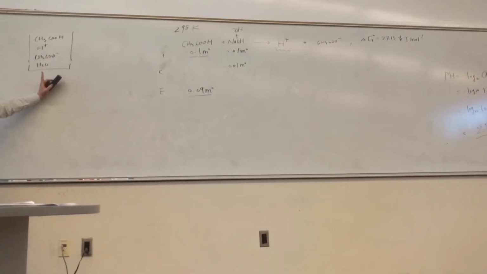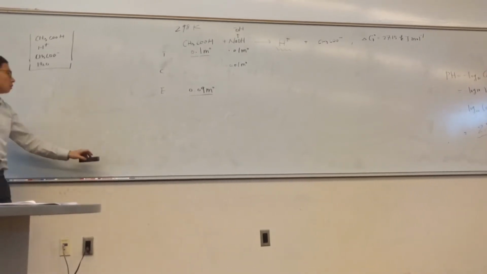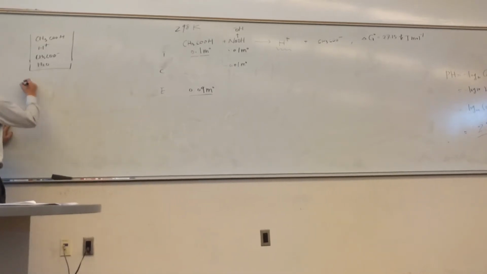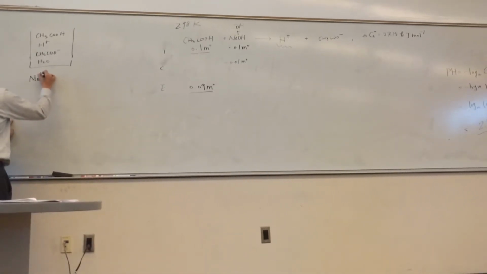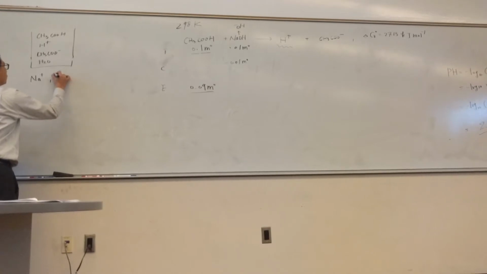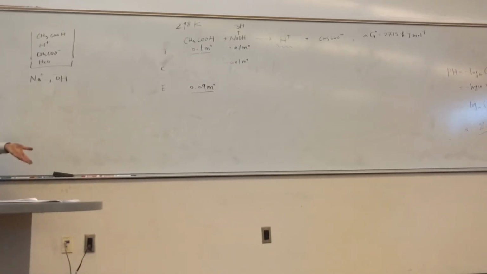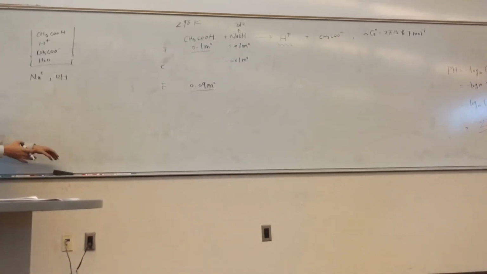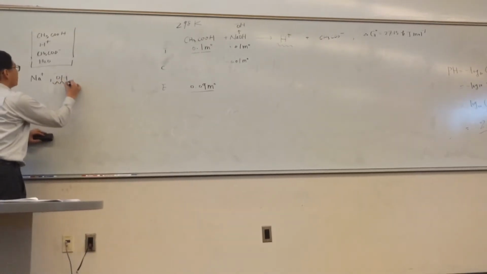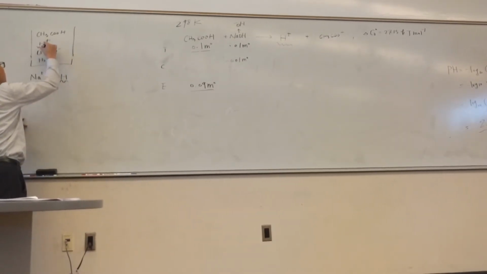These are the species that exist inside your container. Agree? So after you add in the sodium hydroxide, you're going to put a lot of Na plus OH minus into this species, right? So this is going to consume this.